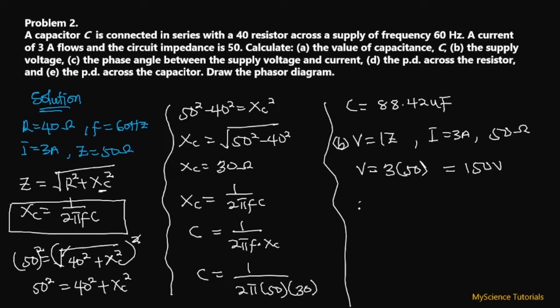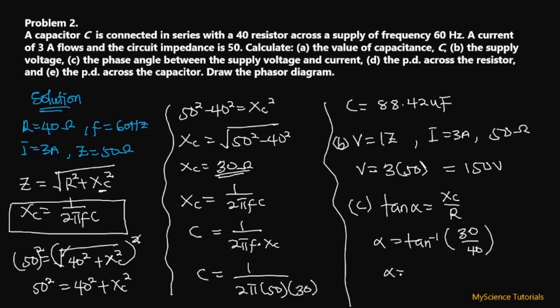Now let's look at C, the phase angle. We know that tan of the phase angle is equal to XC over R. So our phase angle is the tan inverse of XC, which we found earlier to be 30, over the resistance, which was given to us in the question as 40.